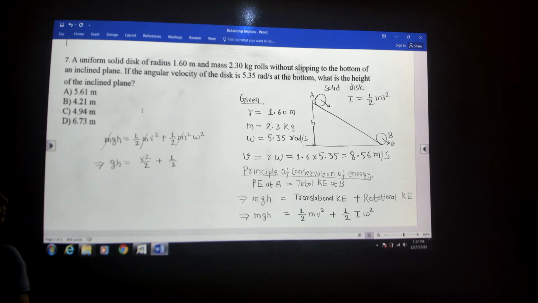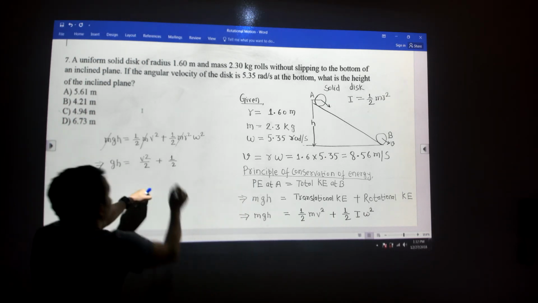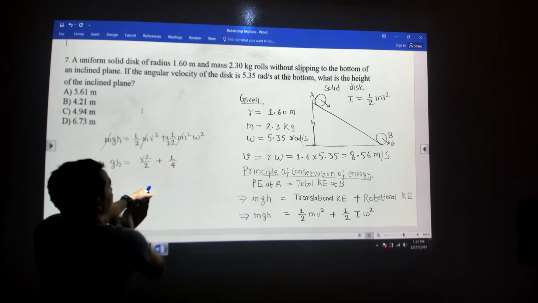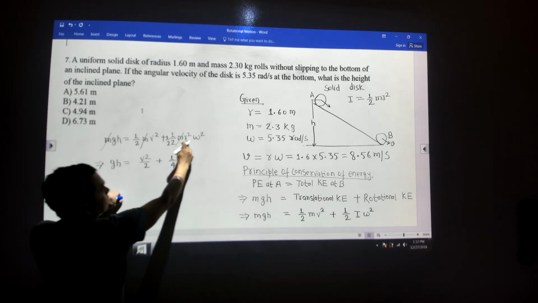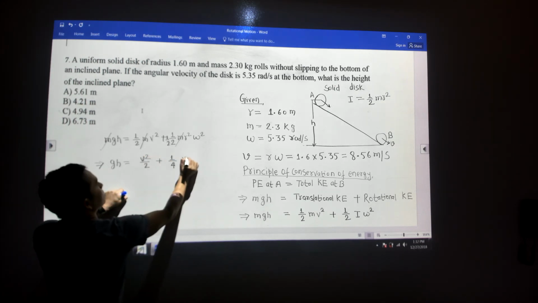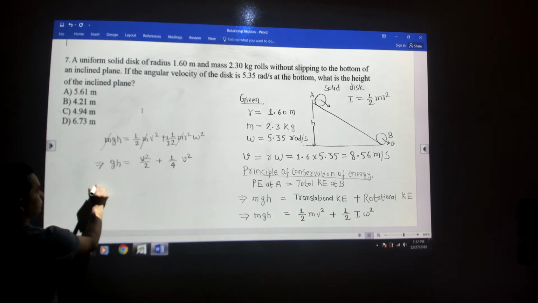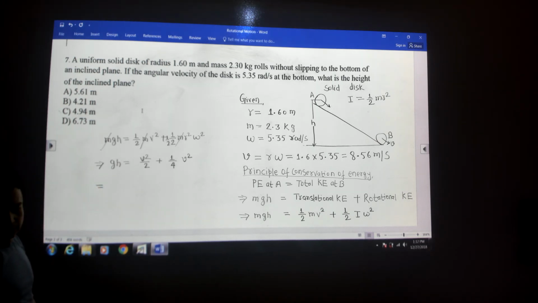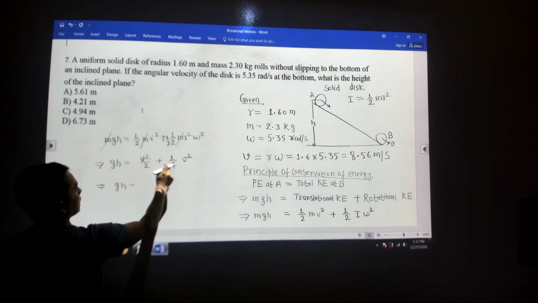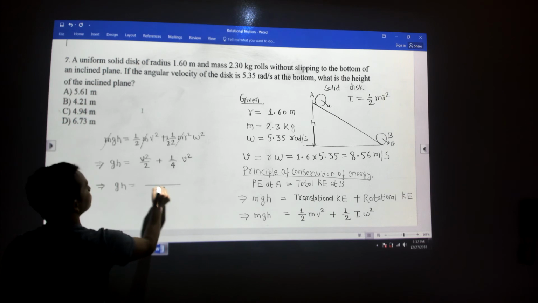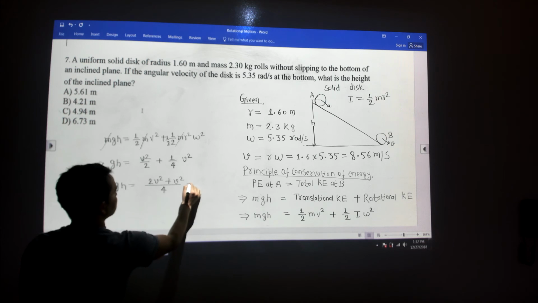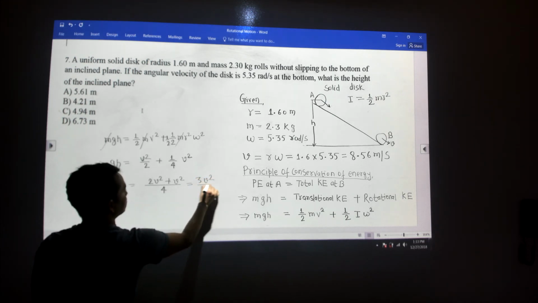Oh, I'm missing one half here, so I have one more half here. So this will be 1/4. And r times omega is v, so this will be v squared. So g times h equals v squared over 2 plus v squared over 4. This is 2 v squared plus v squared, this is 3 v squared over 4.